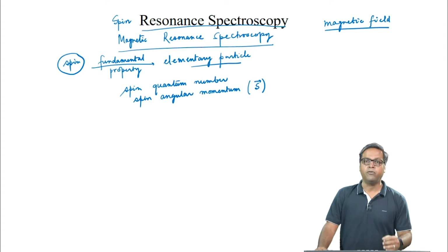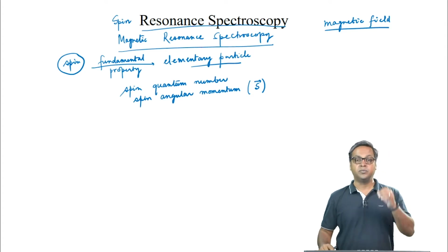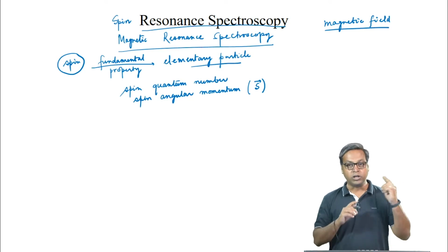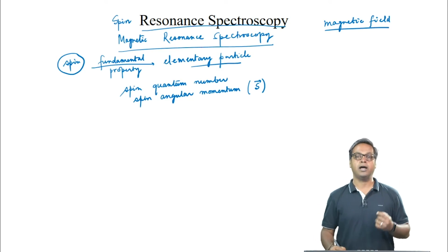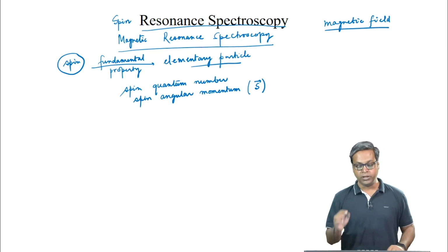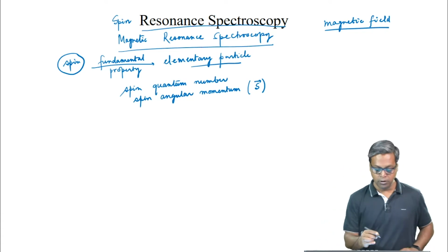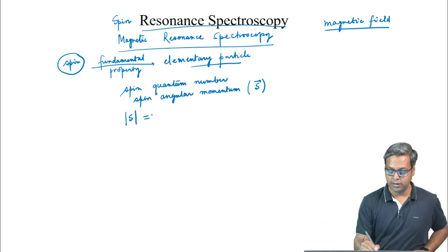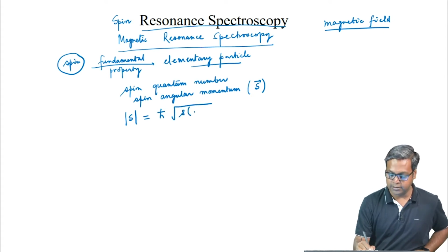A convenient formalism is that spin angular momentum arises from the rotation of electrons around its axis, and the magnitude of this spin angular momentum, which is given by modulus of S, is h cross root over s times s plus 1.